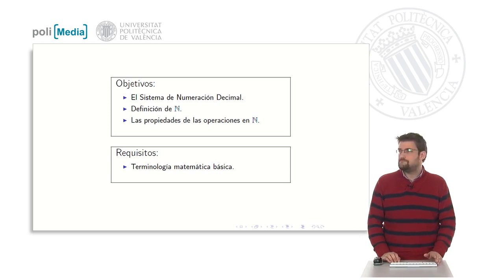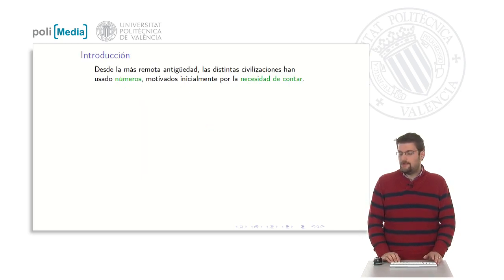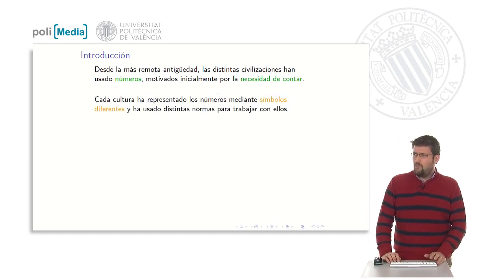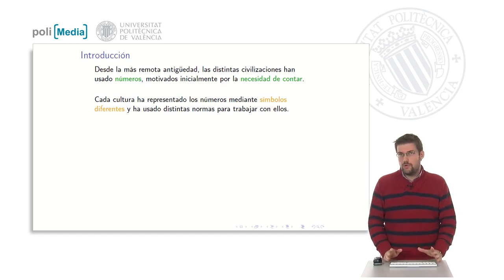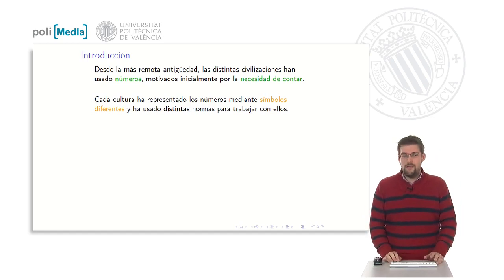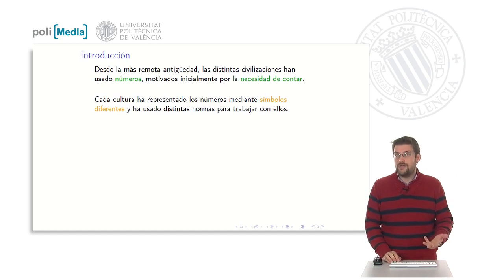The concept of numbers traces back to the origin of the human species, emerging from the necessity to count. All civilizations have employed numbers, which is why they have introduced distinct symbols and rules to facilitate calculations, counting, and measurements.